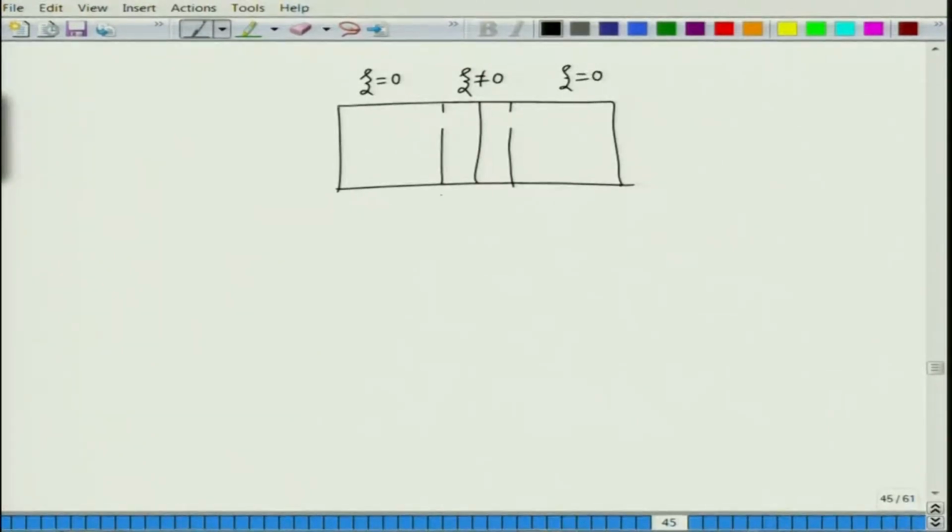And this is the width of the space charge region, which is also called the depletion region. Depletion, why? Because the electrons or holes do not move further from that space charge region, which comes due to the formation of the junction.